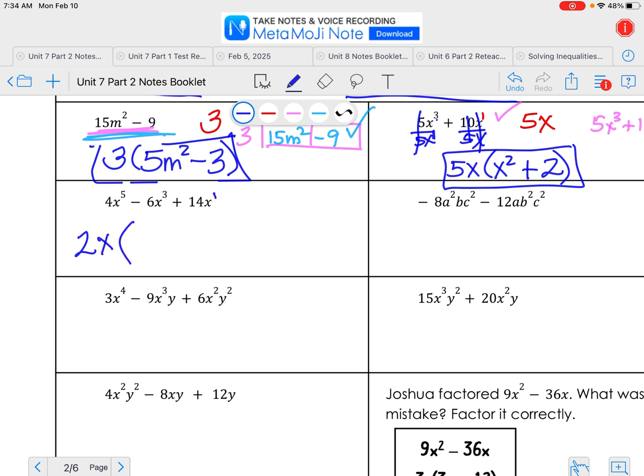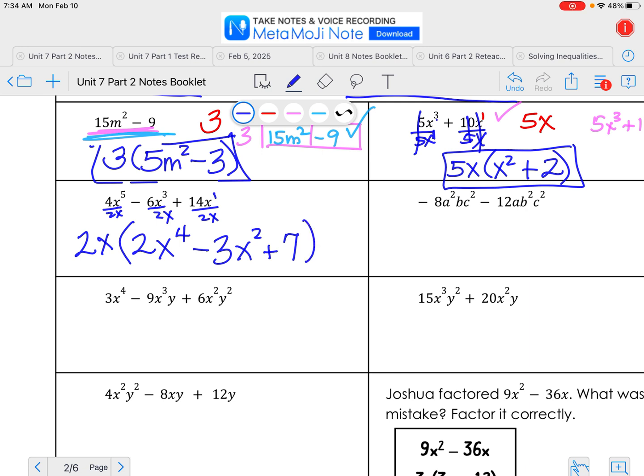Now, divide 2x into all of them. If it helps you to write the GCF under all of them, you can. You don't have to. 4 divided by 2 is 2. X to the 5th divided by x, you subtract the exponents, and there's 4 left. 6 divided by 2 is 3. X to the 2nd. 14 divided by 2 is 7. The x's cancel.